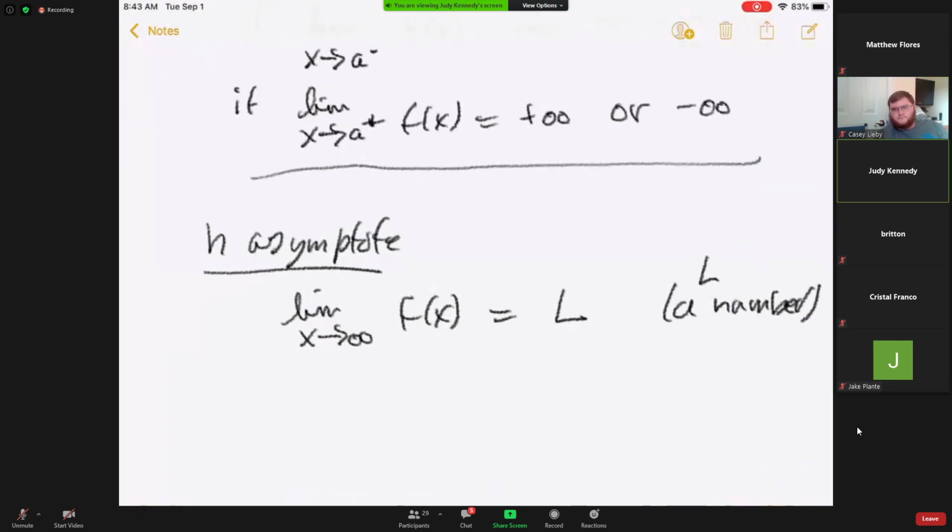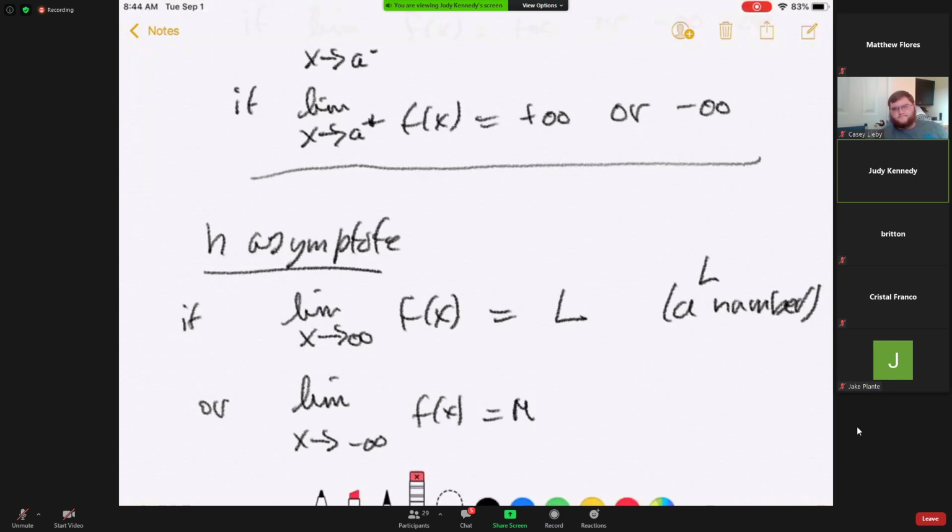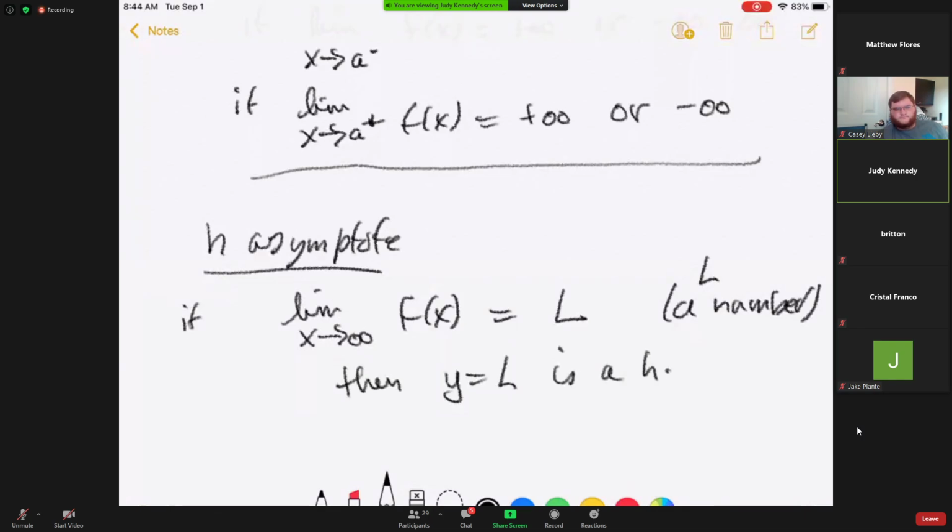If the limit as x approaches infinity of f of x is a number L, then y equal to L is a horizontal asymptote for f, period.